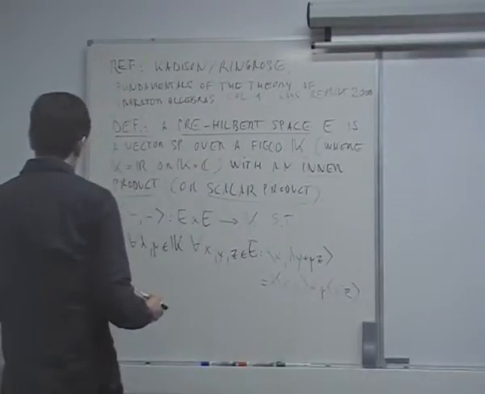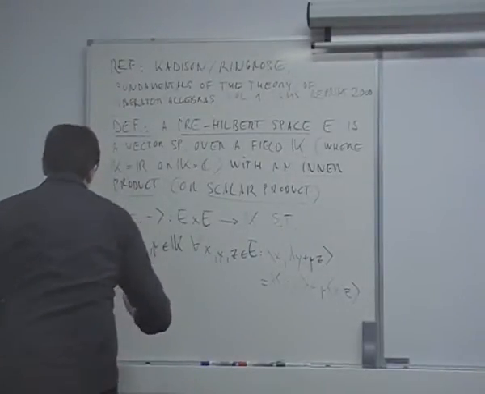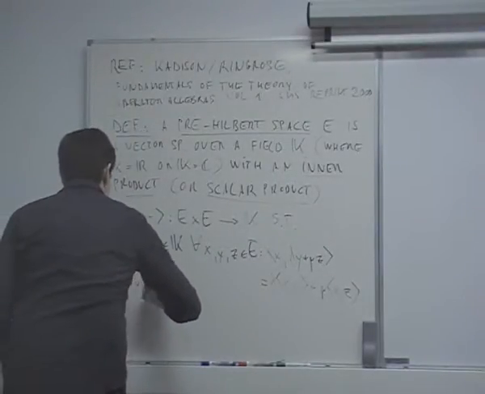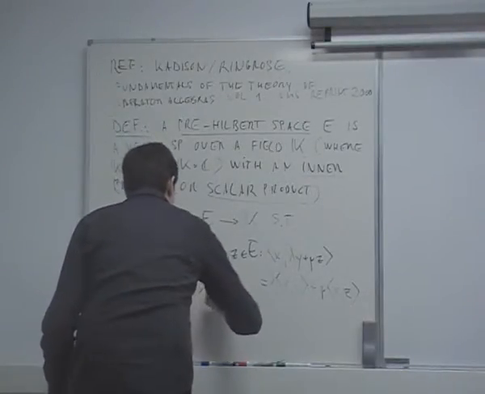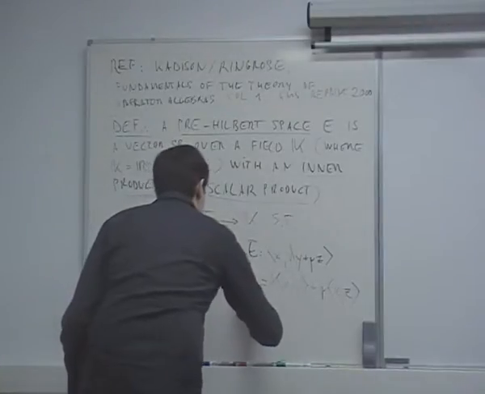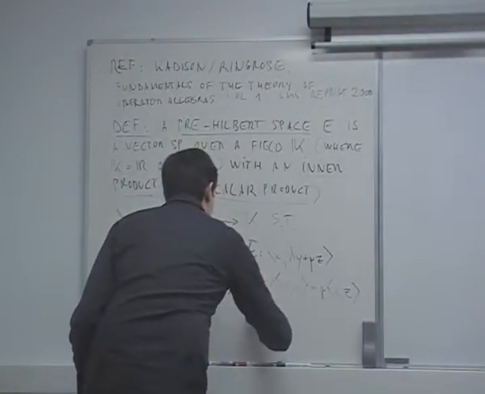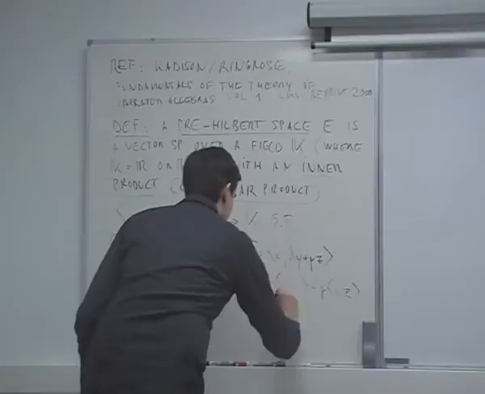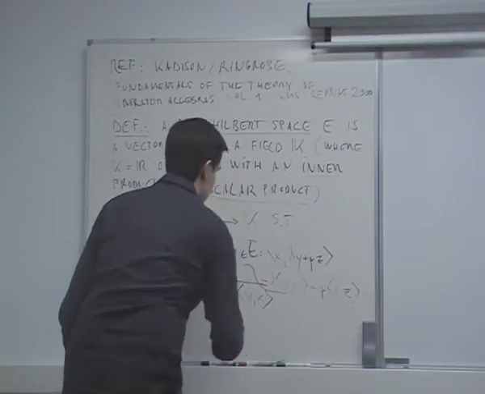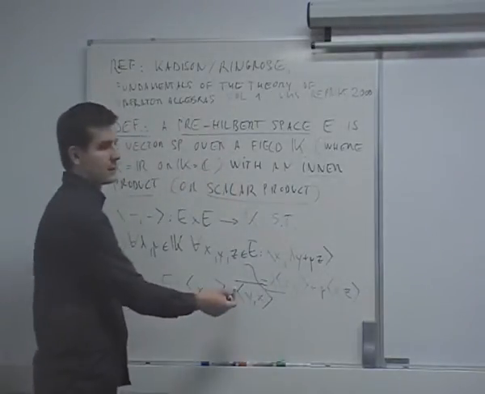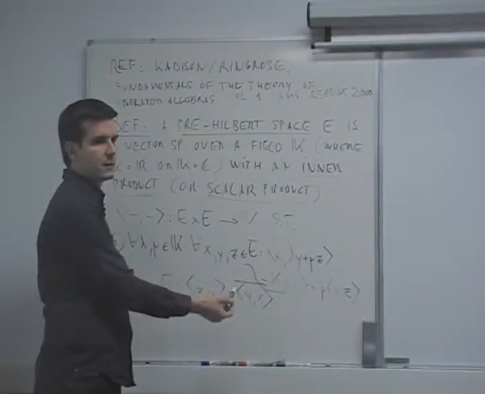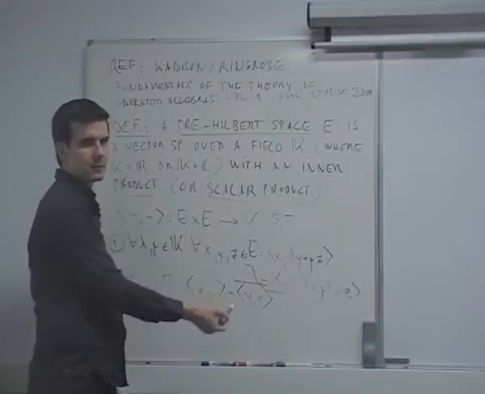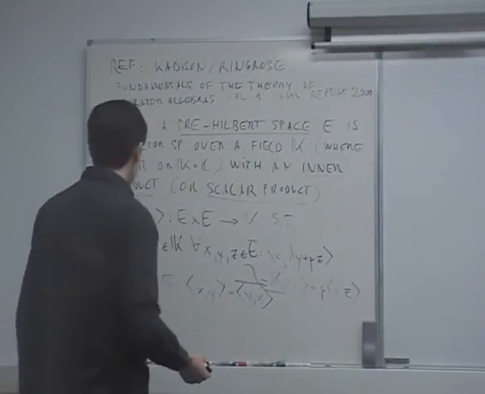That's the first thing. The second thing is, for all x and y, the scalar product of x and y equals the complex conjugate of the scalar product of y and x, and this makes clear why we would like our field to be R or C. If it's R, this becomes trivial, but if it's C, it means something.